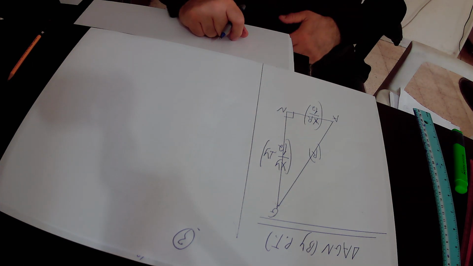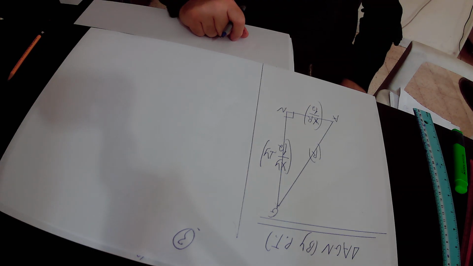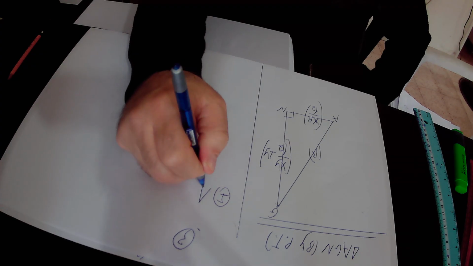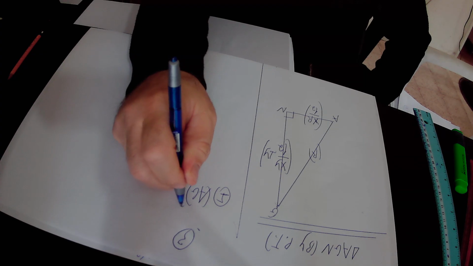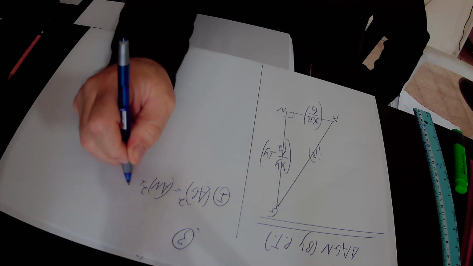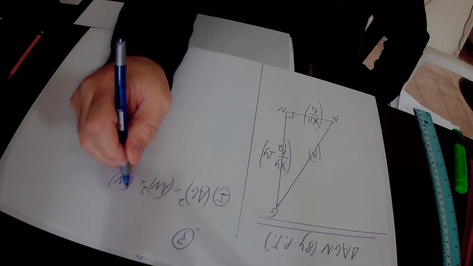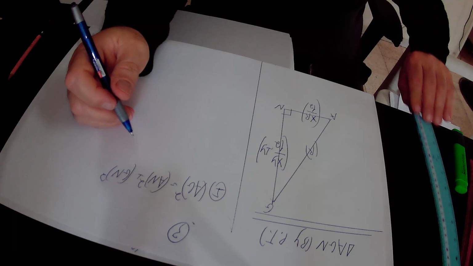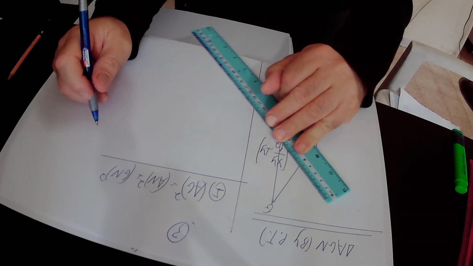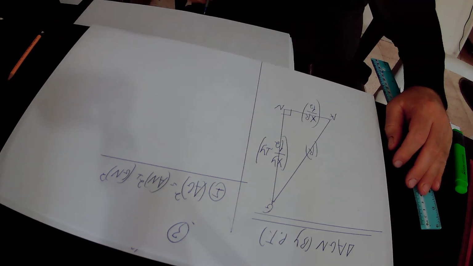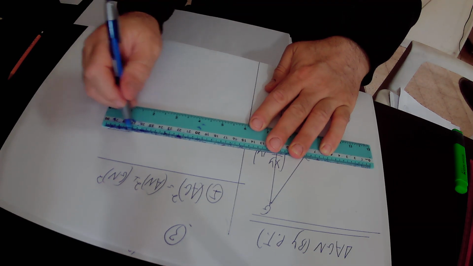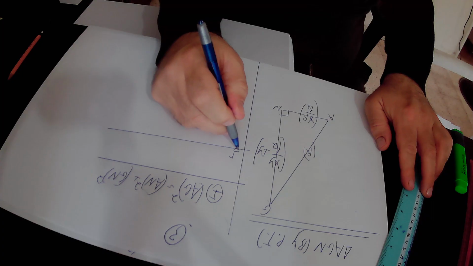So in this right triangle AGN, according to the Pythagoras theorem, AG squared is equal to AN squared plus GN squared. This is according to equation 1.